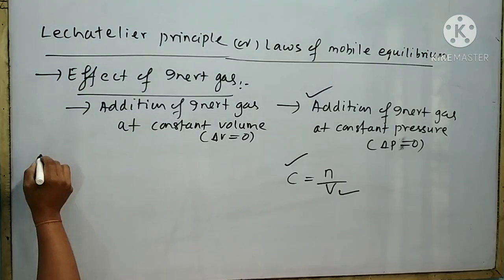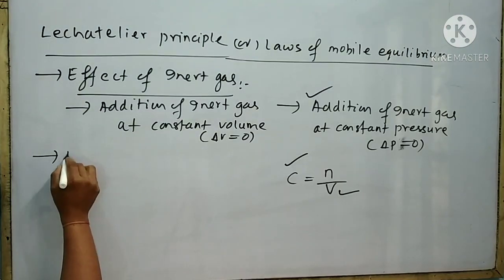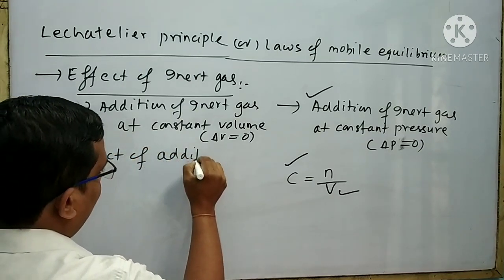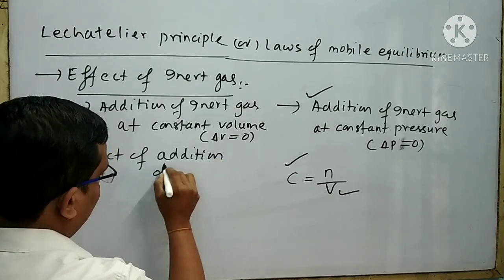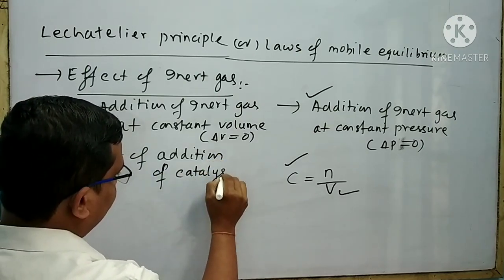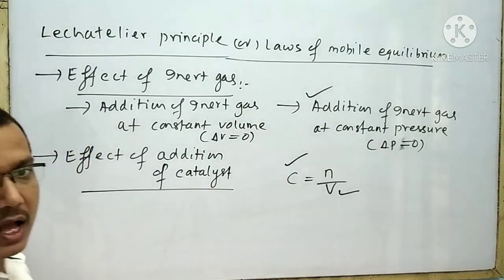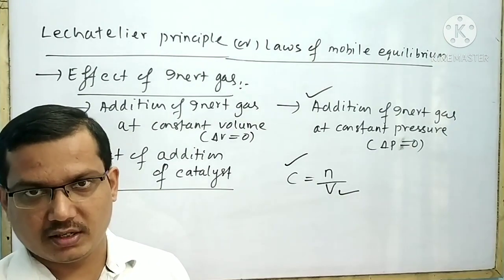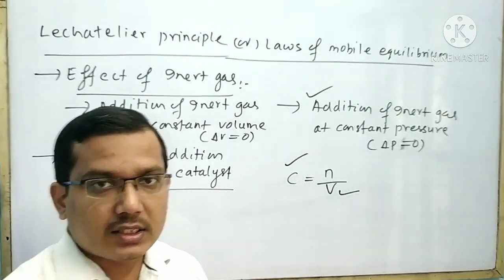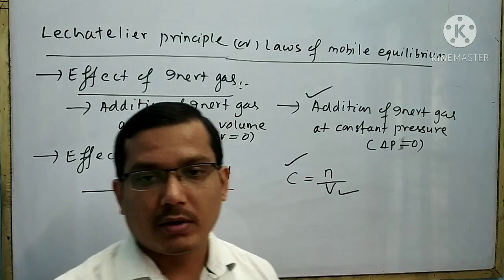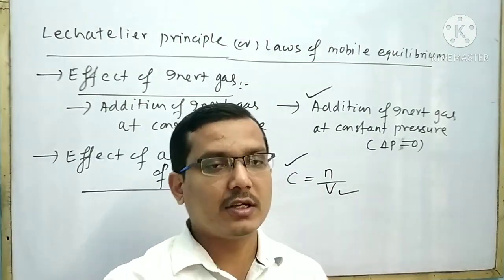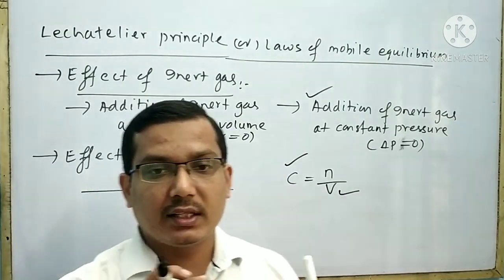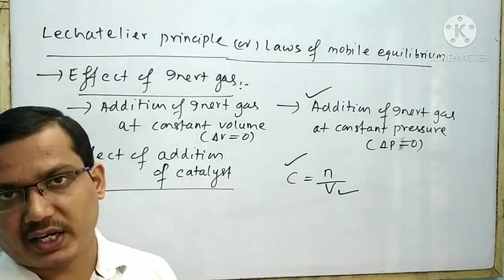Next, I want to explain about the effect of addition of catalyst. The catalyst does not shift the equilibrium in any direction. That means the catalyst is not responsible for whether the reaction proceeds in the forward or backward direction. But remember, the catalyst helps in the attainment of equilibrium quickly.